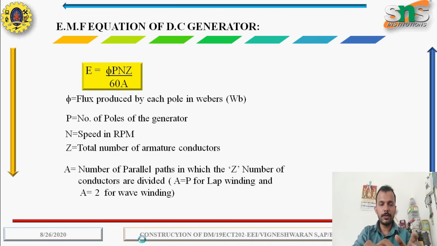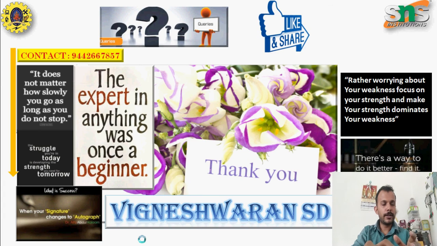So the EMF equation of a DC generator is E = ΦPNZ/60A. A, the number of parallel paths, depends on lap connection and wave connection: for lap, A equals P, and for wave, A equals 2. N is speed in RPM, Z is the total number of armature conductors, and Φ is the flux produced by each pole. So this is the EMF equation.